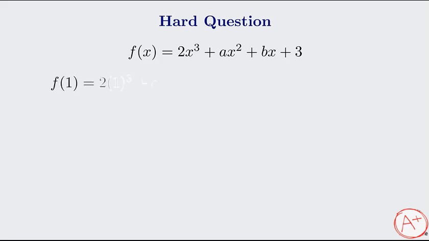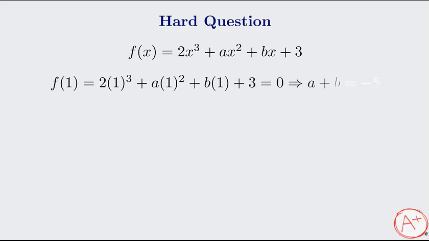Finally, the hard question involving simultaneous equations. The function is f of x equals 2x cubed plus ax squared plus bx plus 3. Using the factor theorem for x minus 1, f of 1 equals 2 plus a plus b plus 3 equals 0, which simplifies to a plus b equals minus 5.